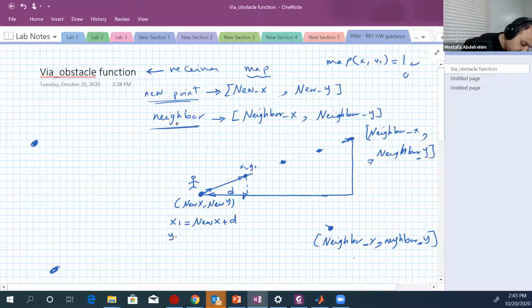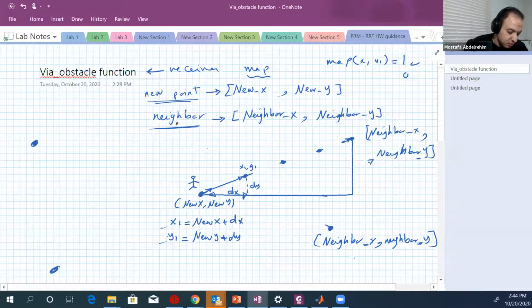And y1 is equal to new y plus, let's call this dx, and this is dy. Okay, now if I know dx and dy, I would know x1 and y1.